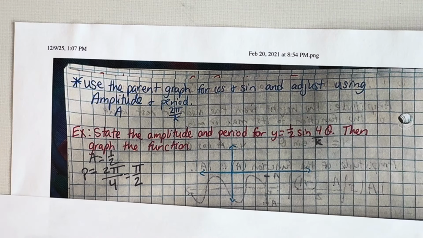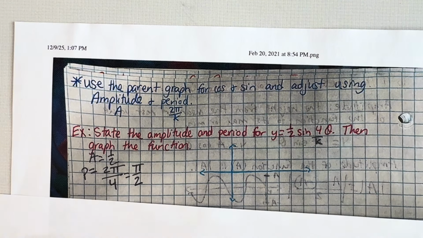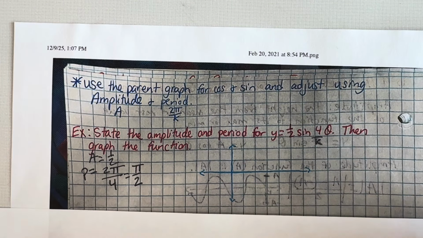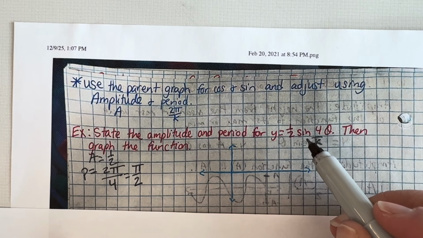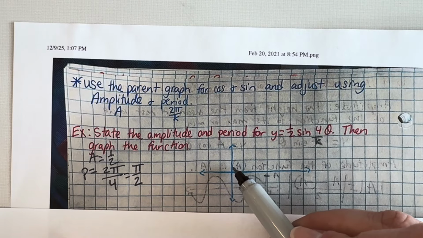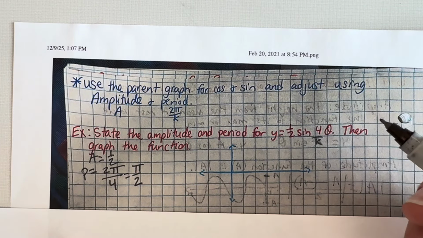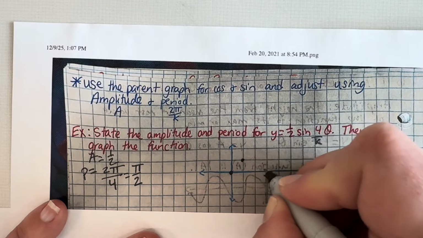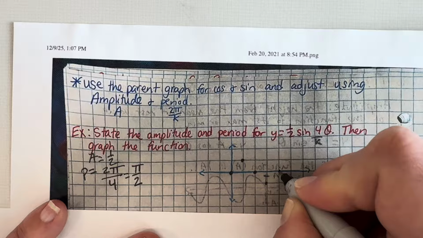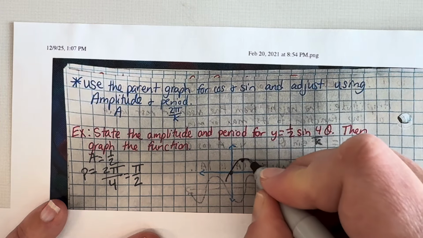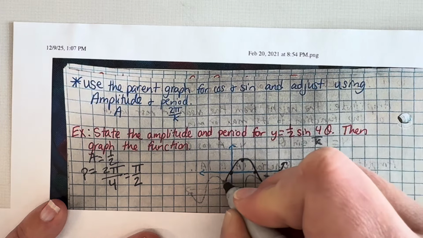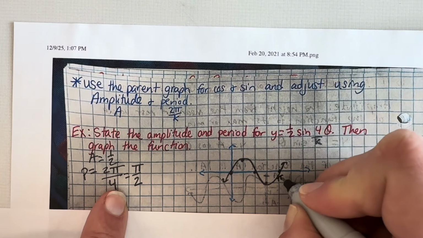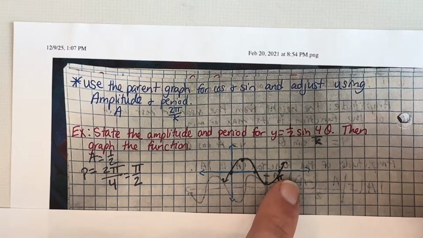So on my graph here, that means that my entire graph needs to end by pi over 2. So I'm doing a sine function, so my up, down, and around needs to end up at pi over 2. I'm actually just going to graph my regular sine function because it's not moving at all. I'm going to go up, down, and around, and it ends at pi over 2.